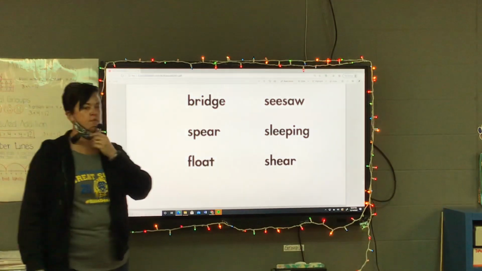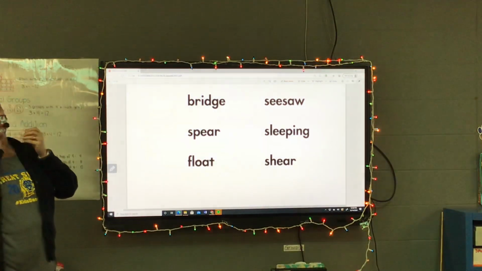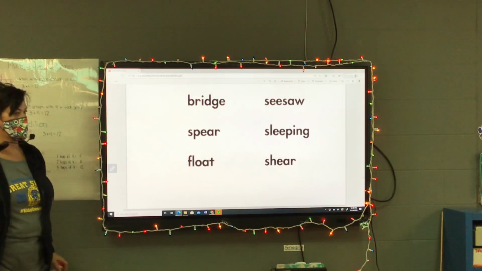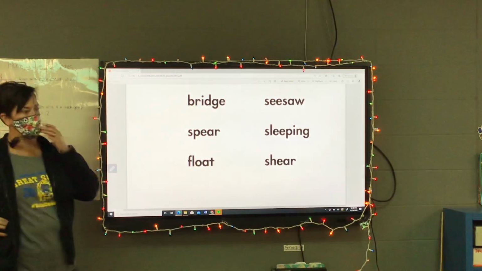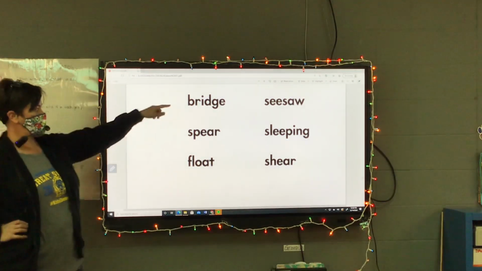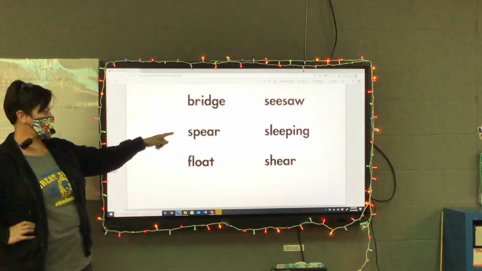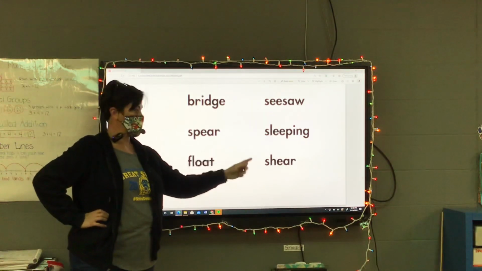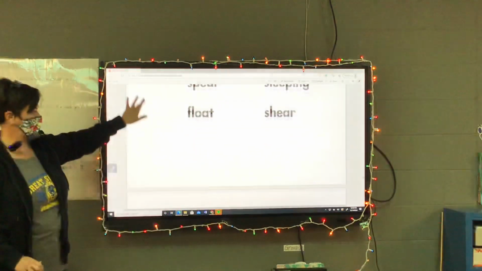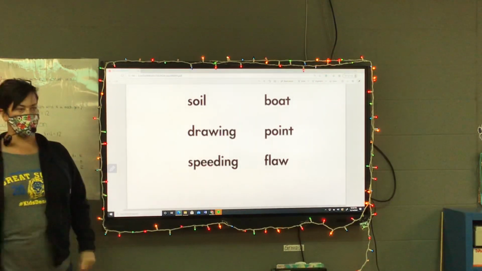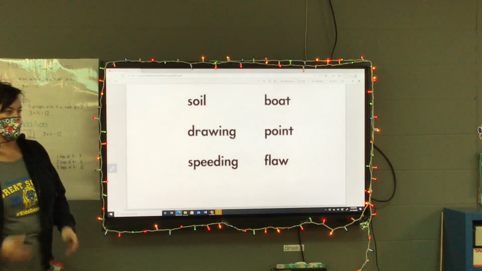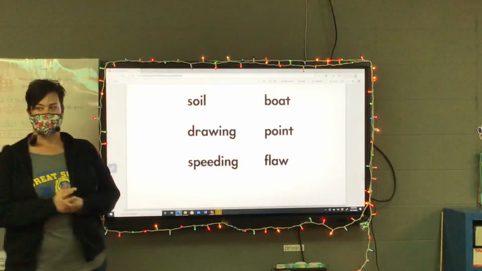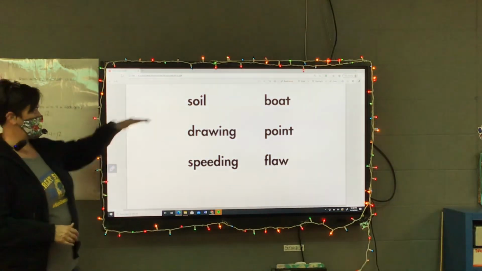Read through these on your own right now. Let's read them together as a class. Bridge, spear, float, seesaw, sleeping, shear. Yes. Read through these on your own. Let's read them together.